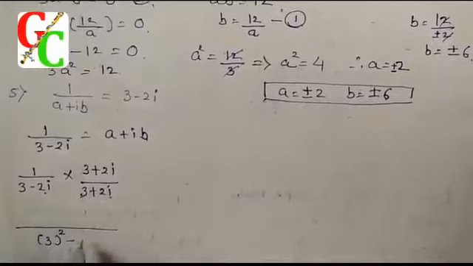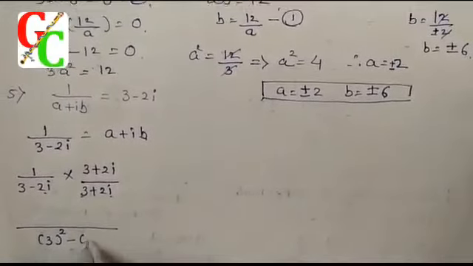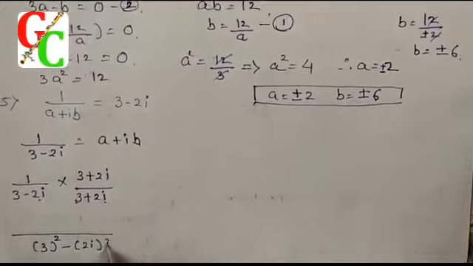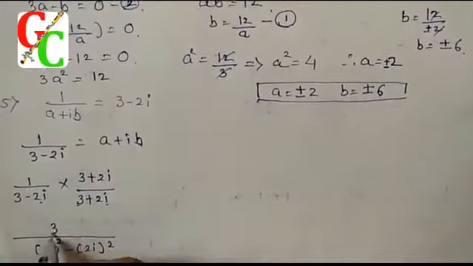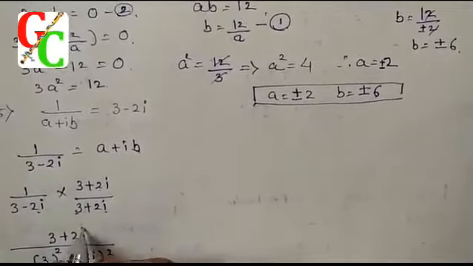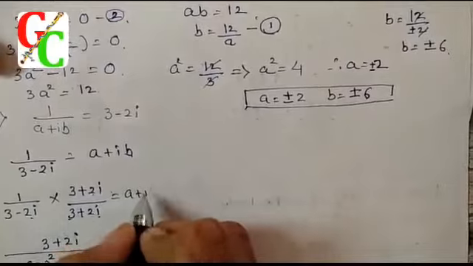So 3 square minus 2i square. 1 is multiplied with this one, same, 3 plus 2i, is equal to a plus ib.